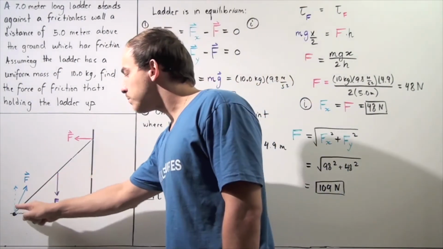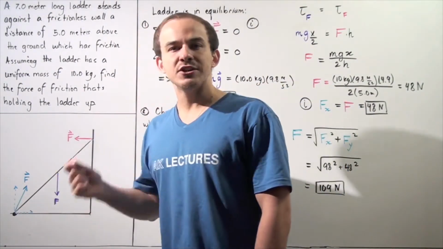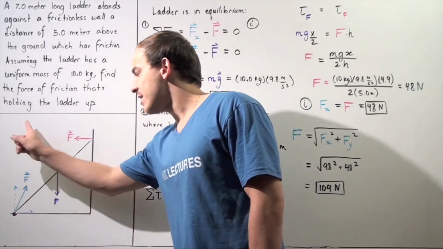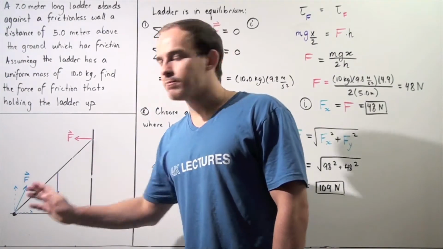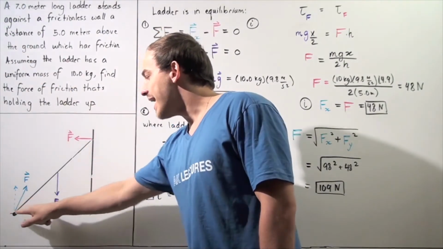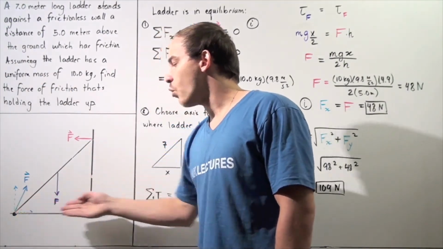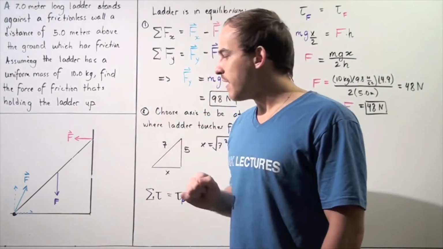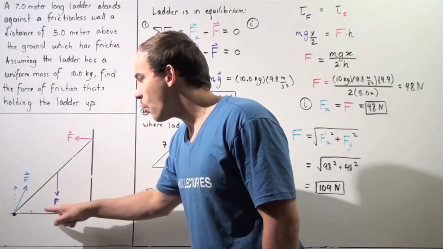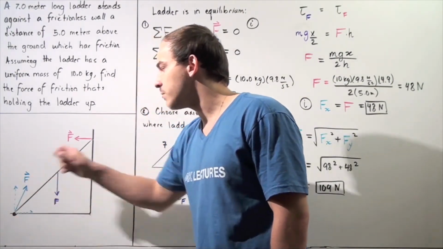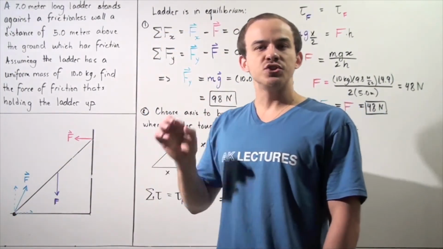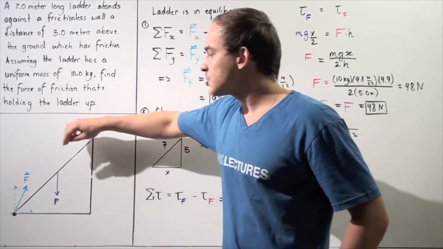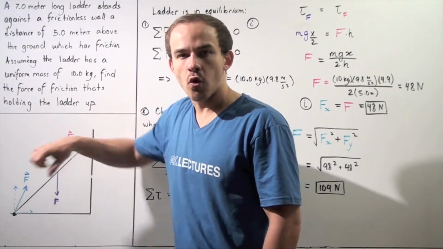Now notice our blue force is a 2-dimensional force, and that means this blue force has a y component, a force that points along the y-axis, and an x component, a force that points along the x-axis. So we're first going to find the x component force and the y component force of the blue force, and then we're going to use those 2 components to find the actual value of this blue force.